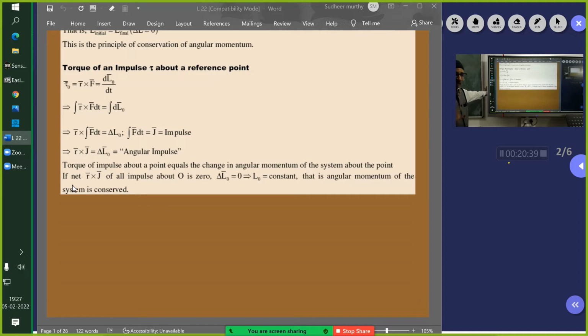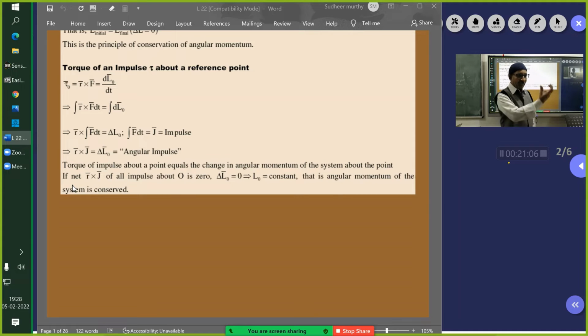Now don't have any misconception about the impulse. By definition, what is an impulse? A large force acting for a short duration of time. When you say large force, other forces can become insignificant. Do you remember one numerical that we had worked out? For example, a ball is coming and you hit it with a bat. There we consider the impulse.